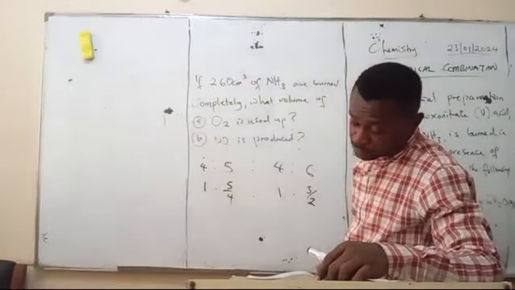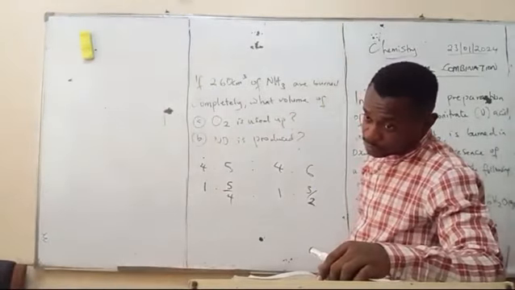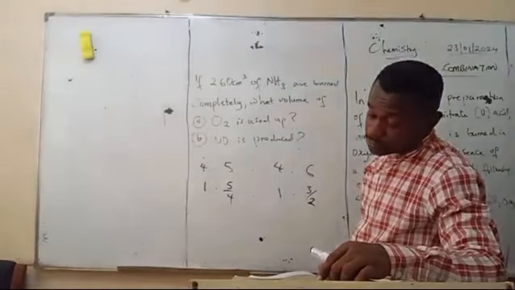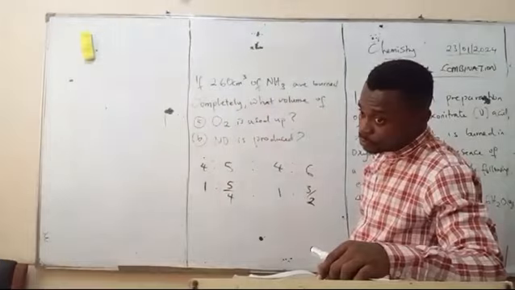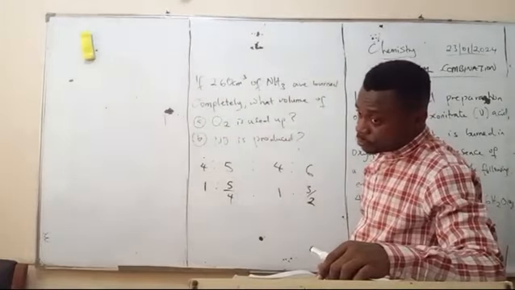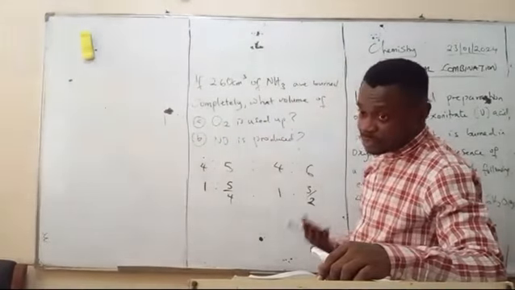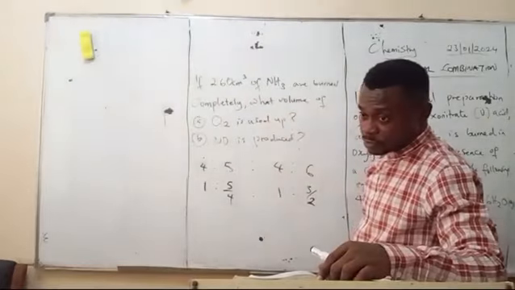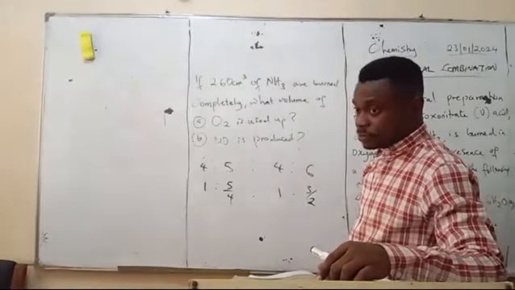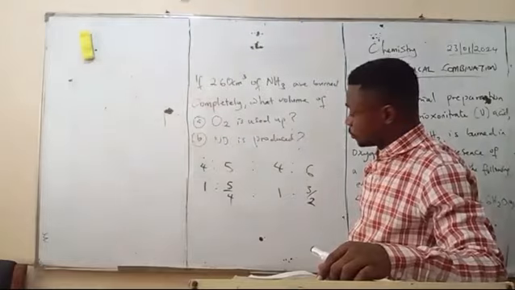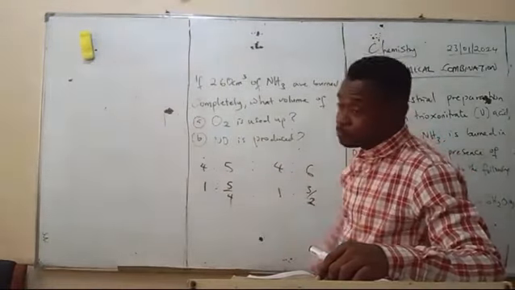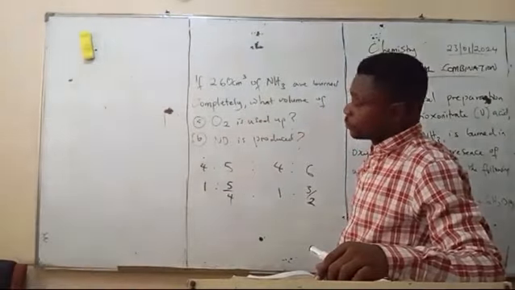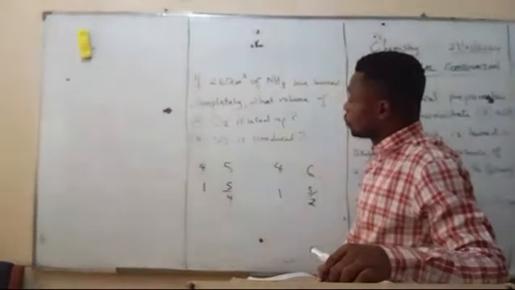Think. 1 volume of ammonia is equal to 260 cm³. Then 5 over 4 is equal to that one. Just speak like a layman. That's what I say. 1 mole of ammonia, if you say volume or mole, it's okay. 1 mole, 260 cm³.